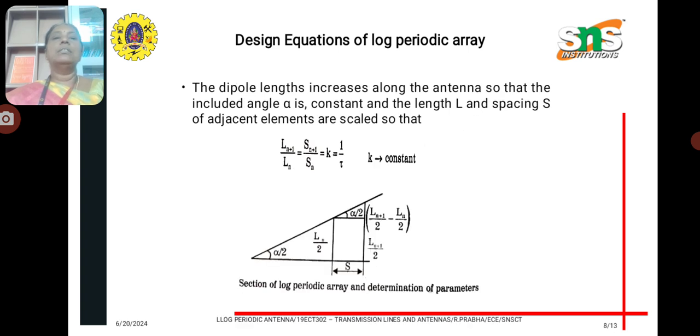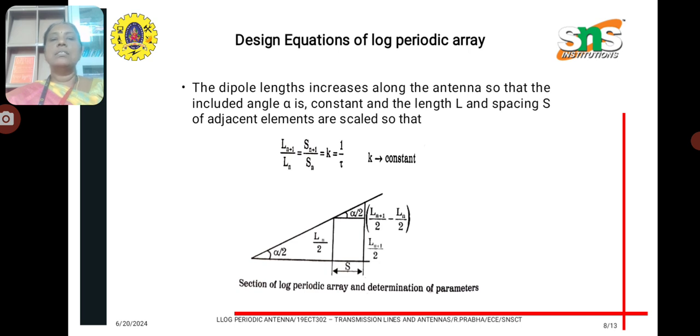The dipole length increases along the antenna so that the included angle alpha is constant and the length L and spacing S of adjacent elements are scaled so that Ln plus 1 by Ln is equal to Sn plus 1 by Sn is equal to K is equal to 1 by tau.